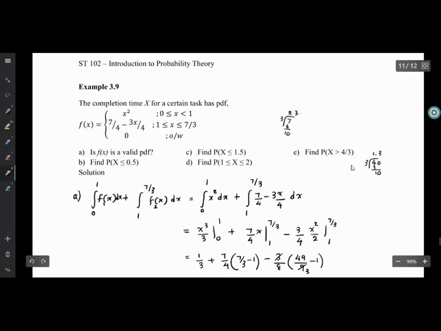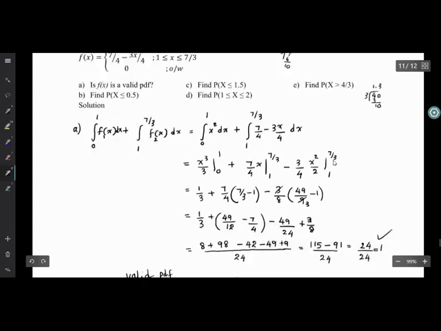It's 1.3 and so on. So that is within the second piece. So you use that function f(x) to answer part E, x greater than 4 over 3.